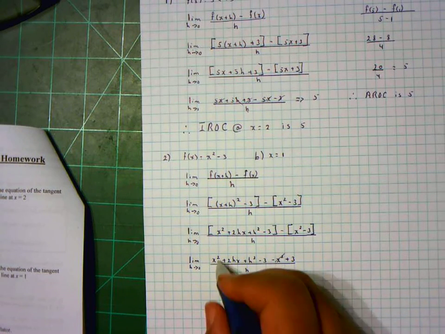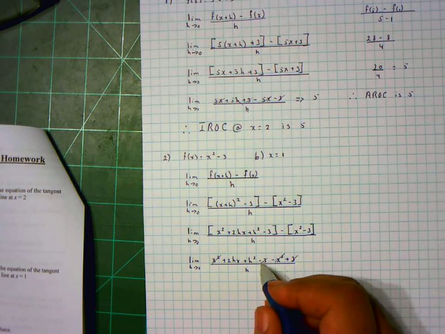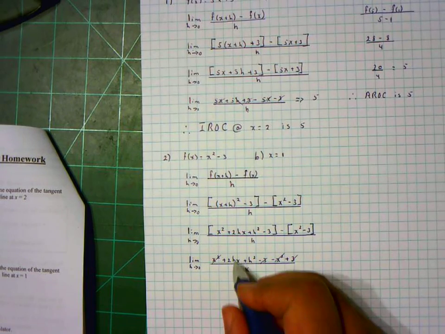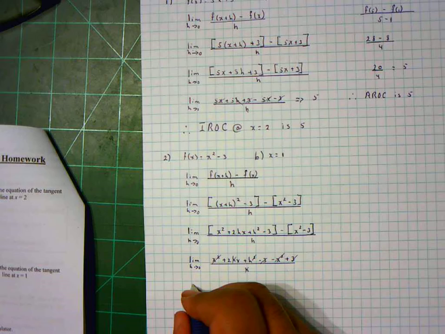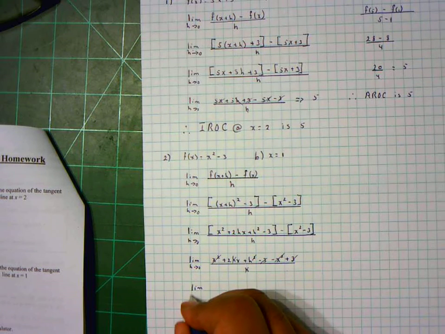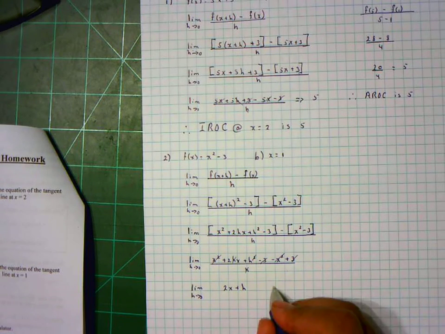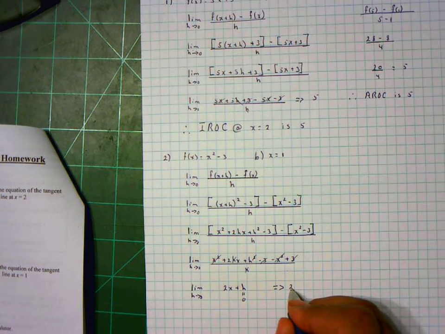The x squareds cancel out. The 3's cancel. And this h divides out here. And this is a square, so I'm left with h. So now we're going to take the limit as h goes to 0 of 2x plus h. Now when h goes to 0, this goes to 0. Now I'm just left with 2x.